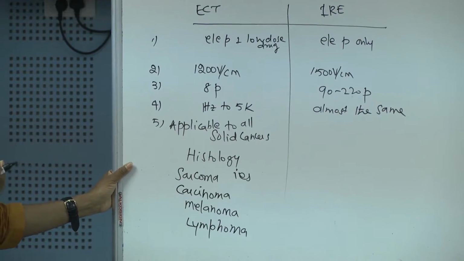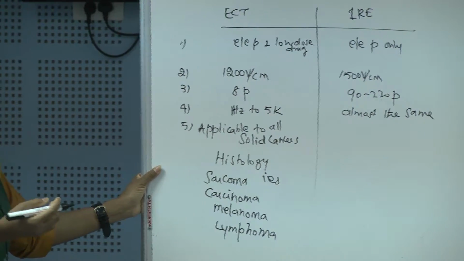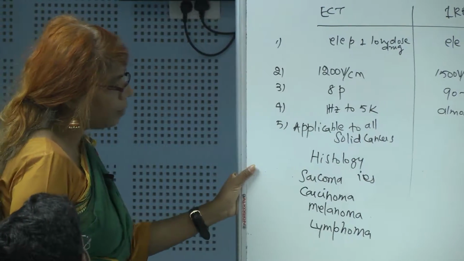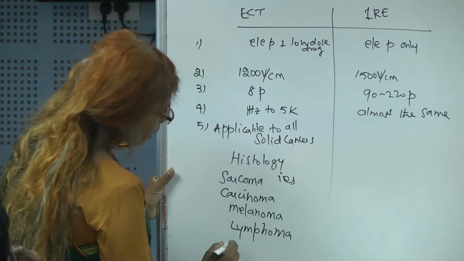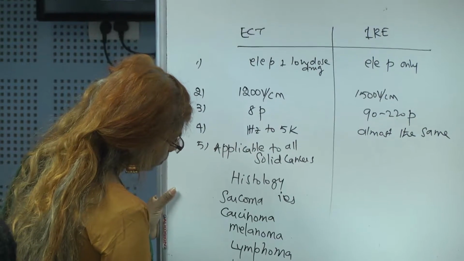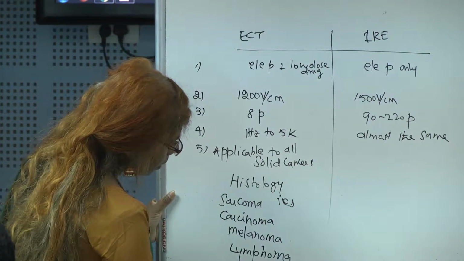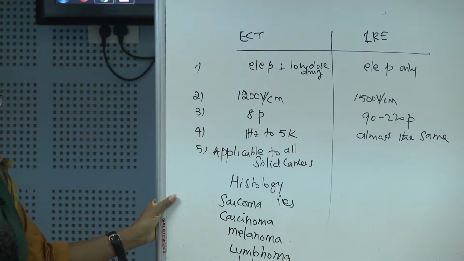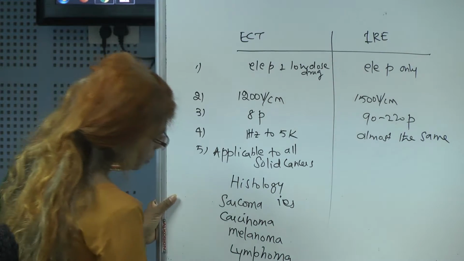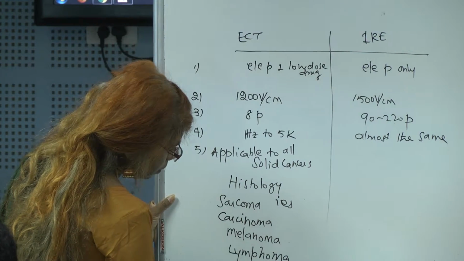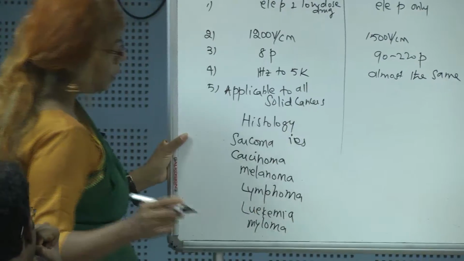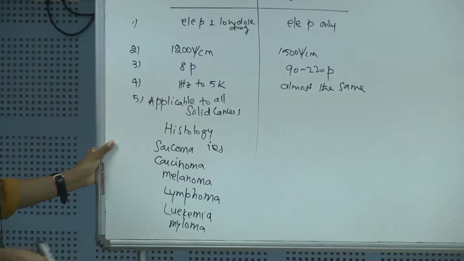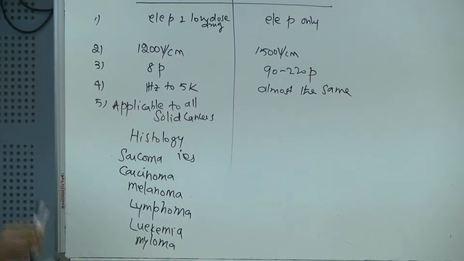They take the dirty water, according to my language, and clean it. Lymphoma, sarcoma. Leukemia is the blood cancer. And then bone cancer is myeloma. Multiple myeloma is the bone cancer. I know we are not supposed to be experts on this, I am just telling in case it registers. Applicable to all solid cancers, ECT.